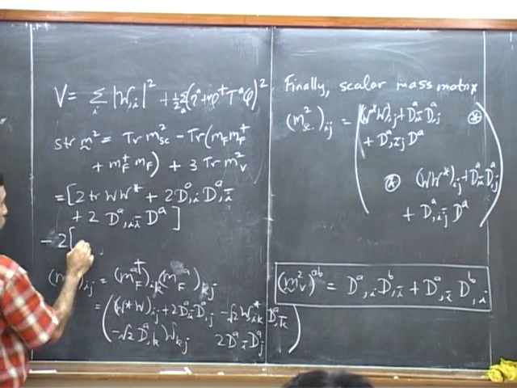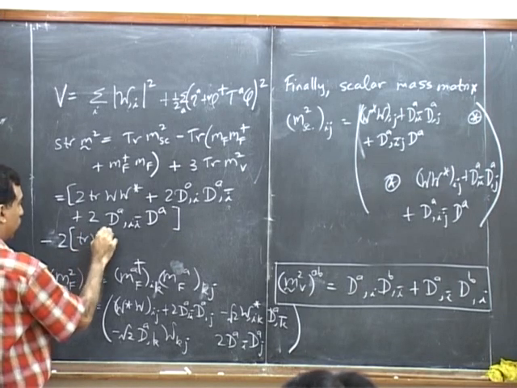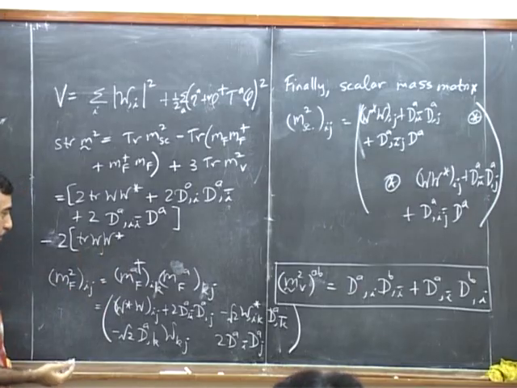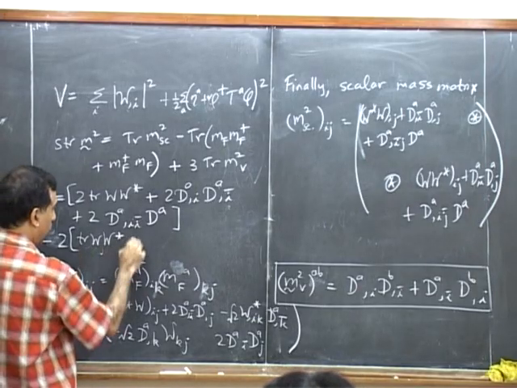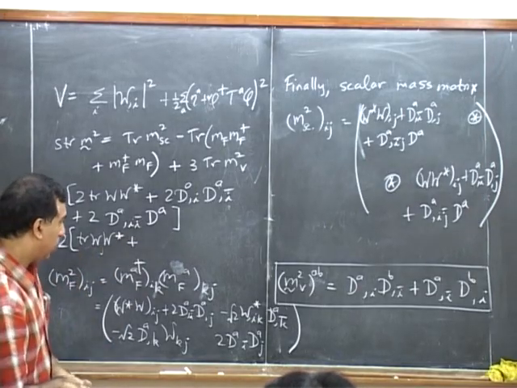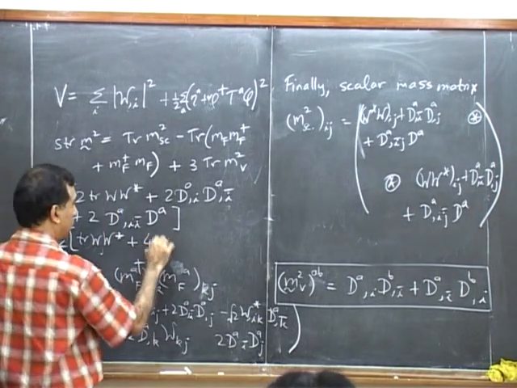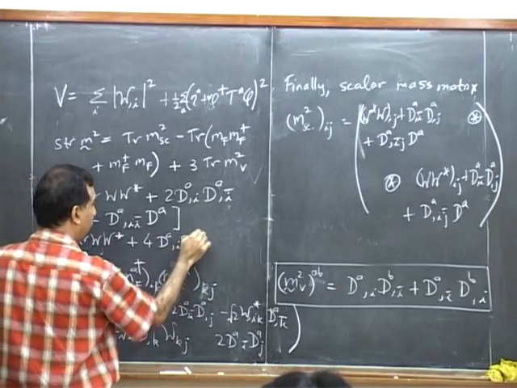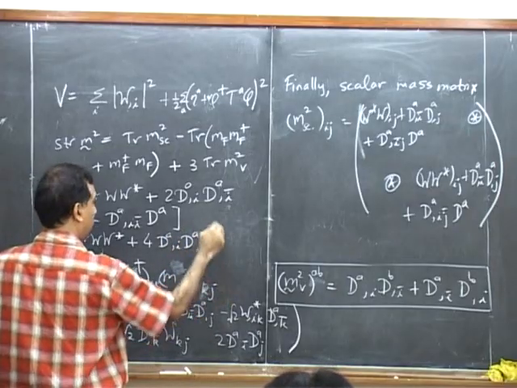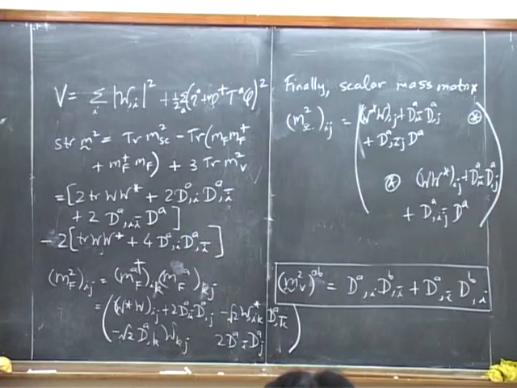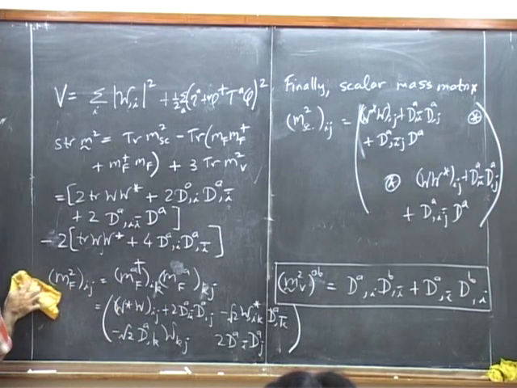Yeah, minus 2 trace W star plus, so here we have 2 and 2, 4 inside here, dAi dA. That's this. So now I can forget about this since I've taken its trace.